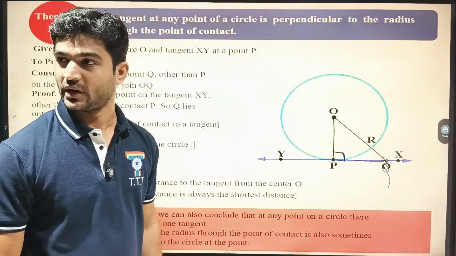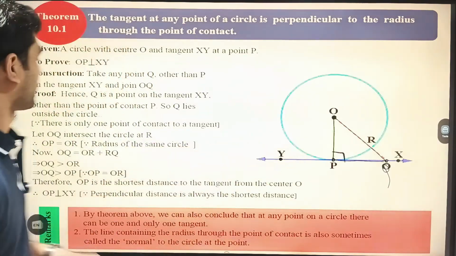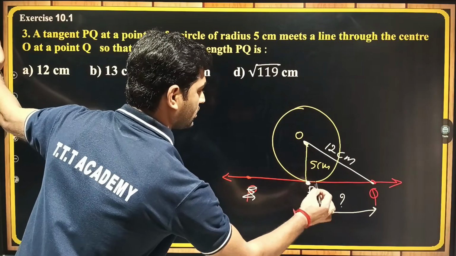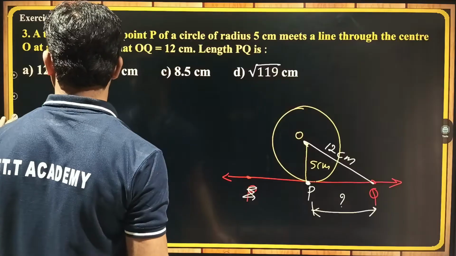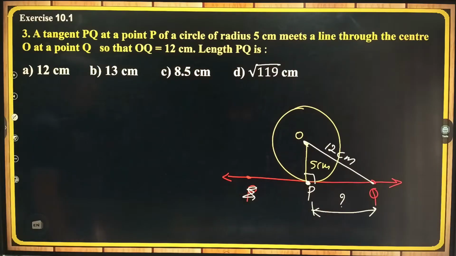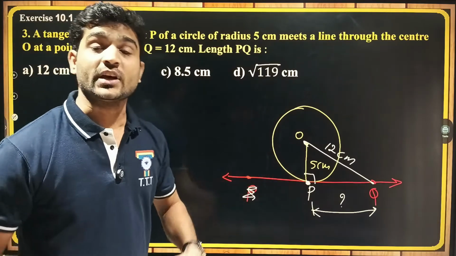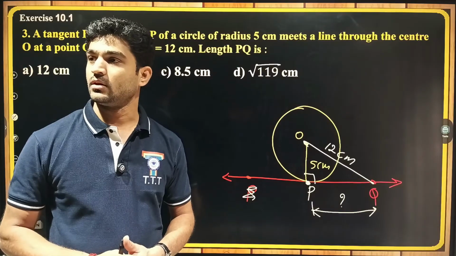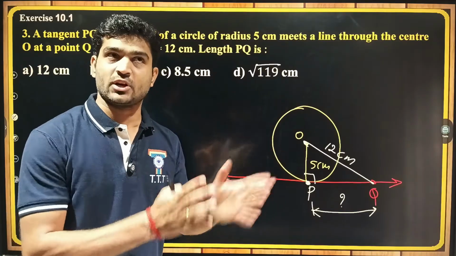If it is perpendicular at P, then this angle should be 90 degrees. Clear? 90 degrees. Then if this is 90 degrees, we can use the Pythagoras theorem. What does the Pythagoras theorem state? We studied it in chapters 8 and 9.